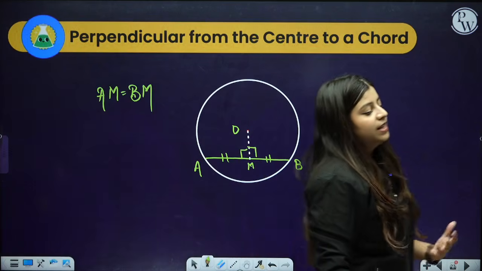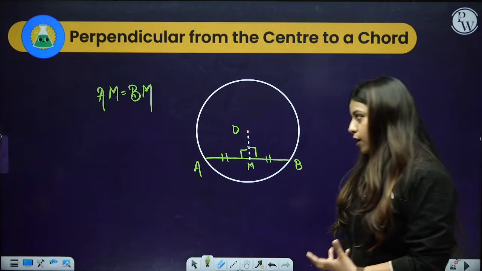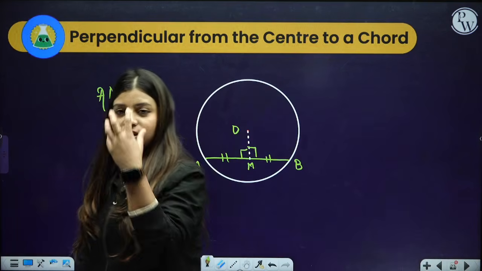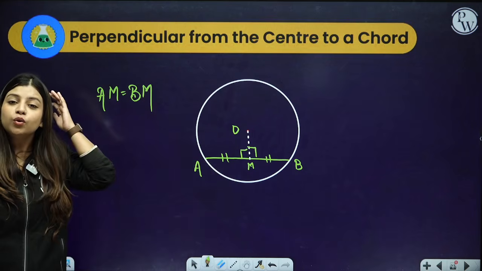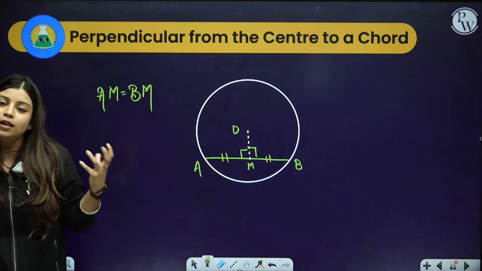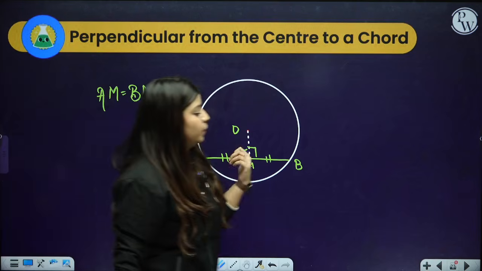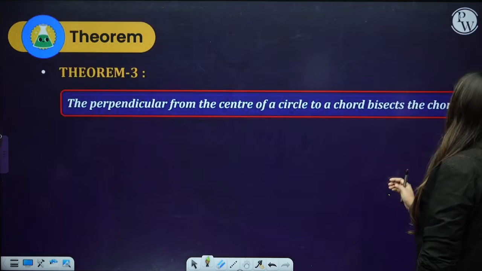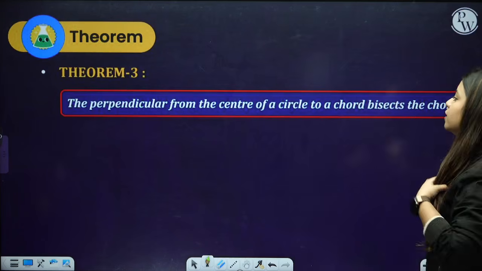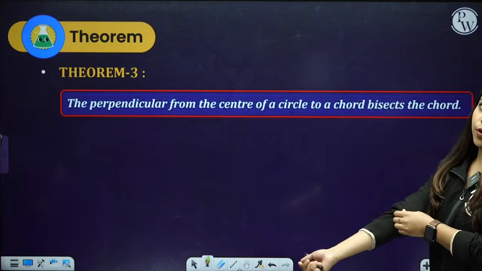So from the center of a circle, if I construct a perpendicular to a chord, that chord is divided into two equal parts, right? AM will be equivalent to BM. The next thing that we have is, perpendicular from the center of a circle to the chord bisects the chord.